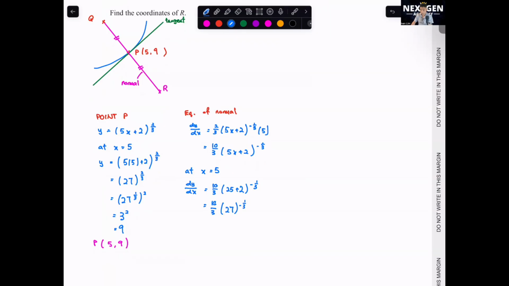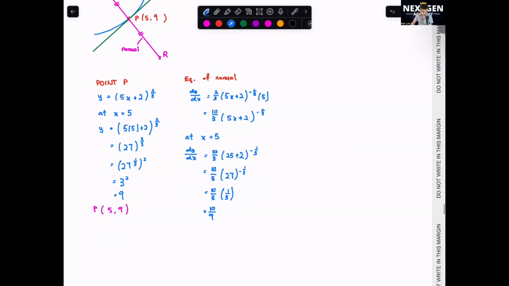Remember just now, 27 cube root is 3, power negative 1 is 1 over 3. So here is 10 over 3 multiply 1 over 3, which will get 10 over 9. So the gradient of the tangent is 10 over 9.